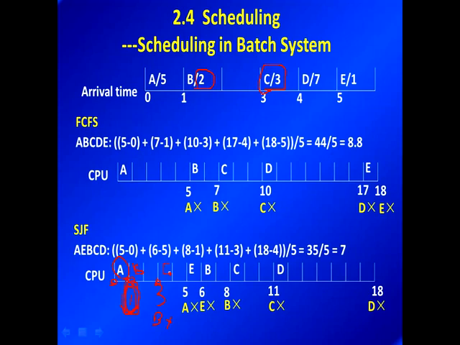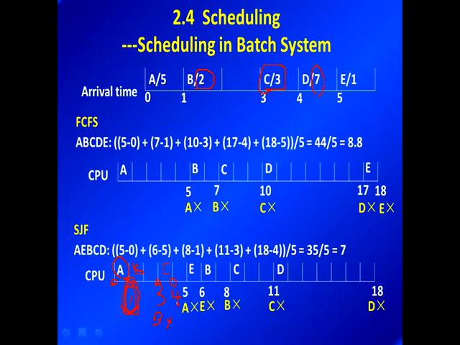Why can C run only 1 minute? Because at time 4, there is a new job arriving at the system again. The newly arrived job D needs 7 minutes to finish its job. So among A, C, and D, at time 4, A needs 4 more minutes, C needs 2 more minutes, and D needs 7 more minutes.